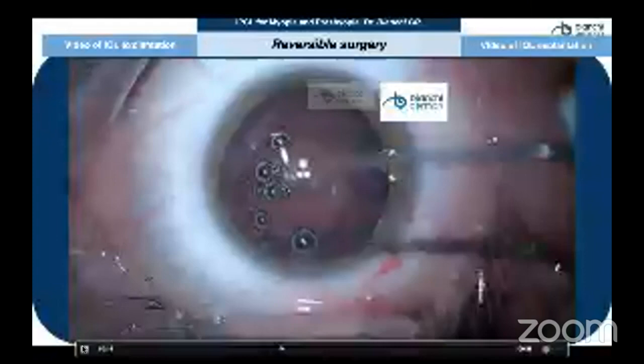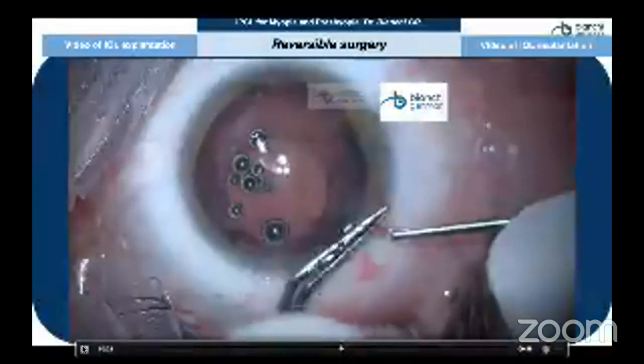Okay, well, this is the way that I take out the lens. Sometimes we need to change the lens, and this is the way that I do it, because sometimes we have a small vault, or in this case, I have a little rotation in the toric lens.